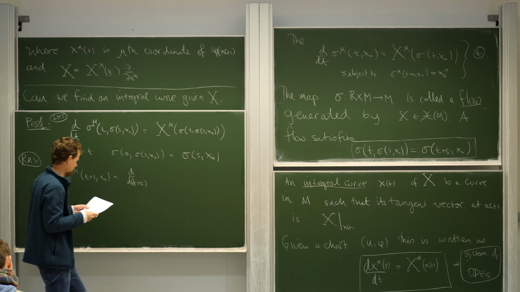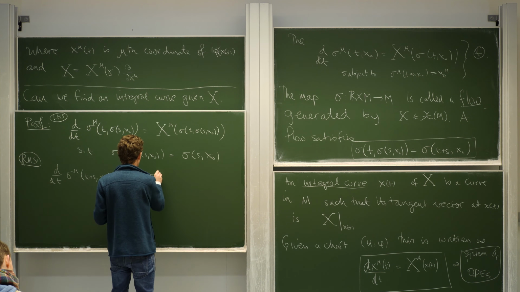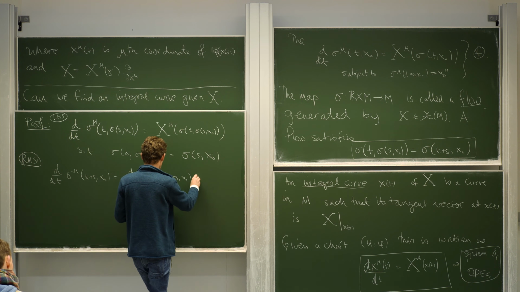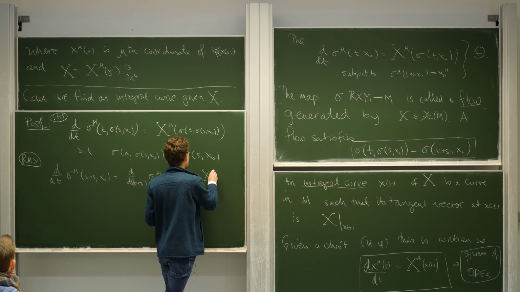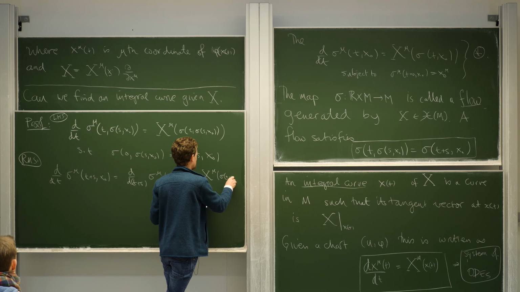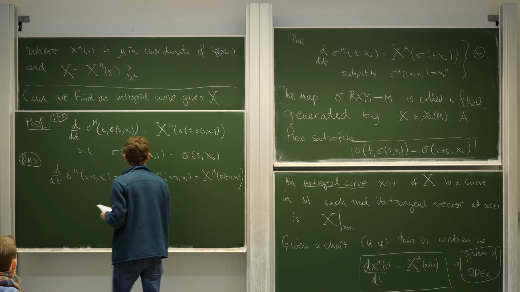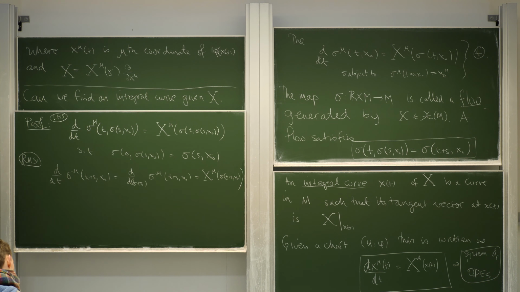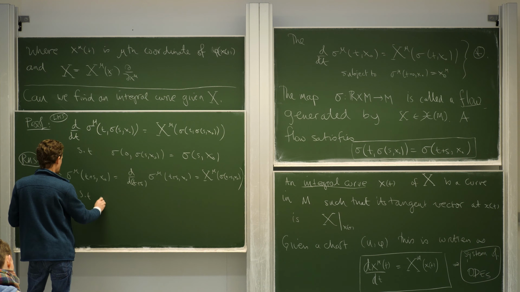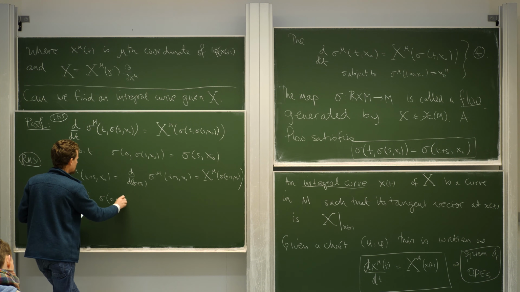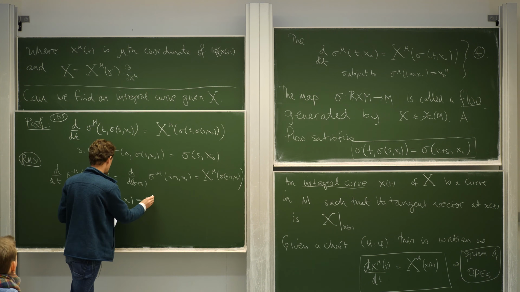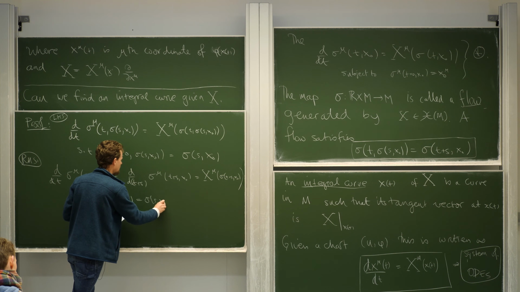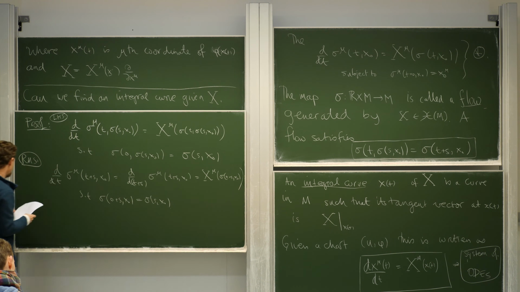We can shift our differentiation variable. And then, again, we know the equation of motion satisfied by that thing. And that's subject to the initial condition that 0 plus s x naught is indeed s x naught.